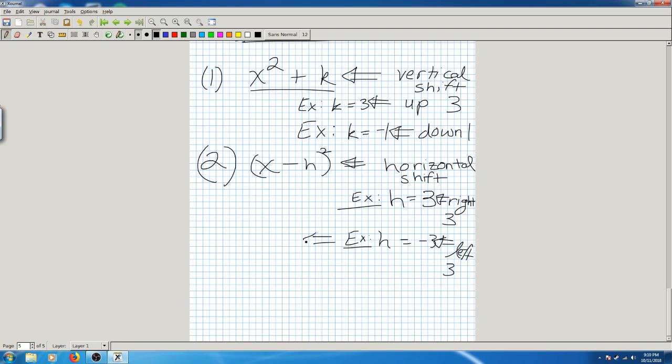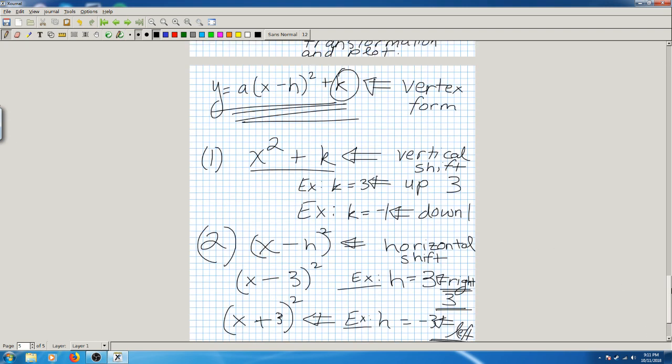Now if h were negative 3, what that means is you have x minus negative 3 inside the brackets. 2 negatives make a positive, so that would read as x plus 3 inside the brackets. That's why x plus 3 reads as left 3. Whereas in here, h is 3, so I go x minus 3, and that's why x minus 3 is actually right 3. Okay?